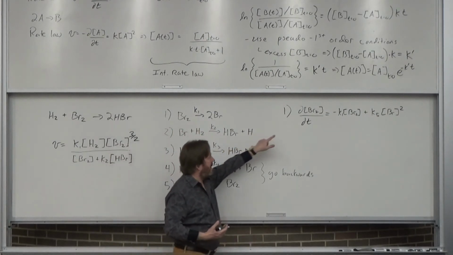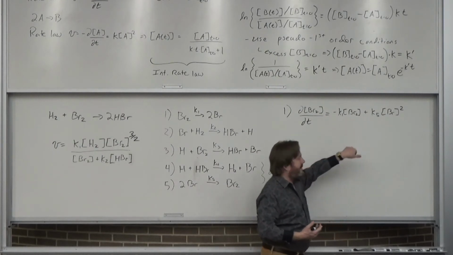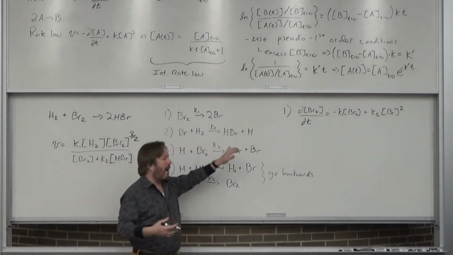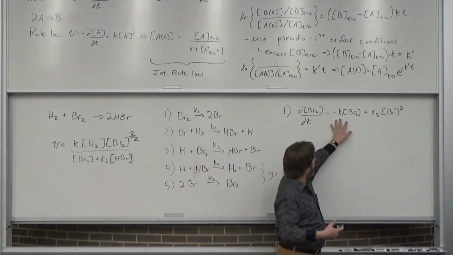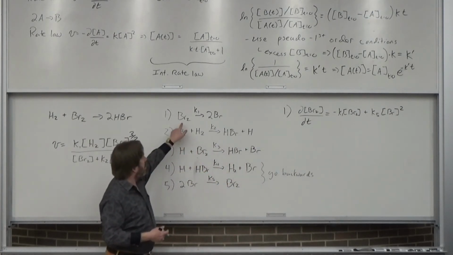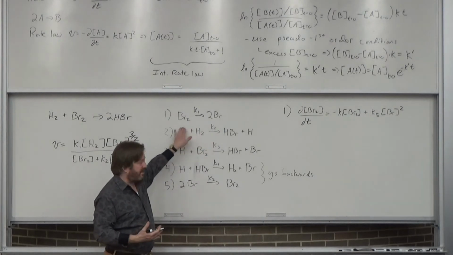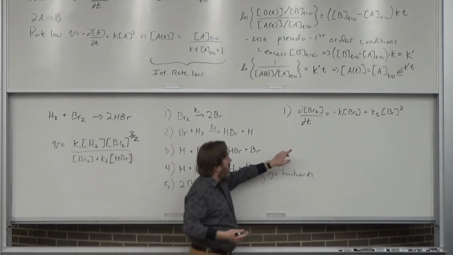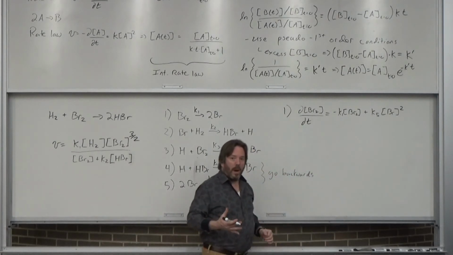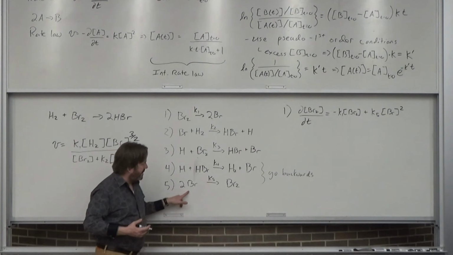The rate of change of Br2 is going to be driven down by its own self because it's reacting away on its own. Okay, so that's why there's a minus sign there. It's also first order because by definition this is a first order reaction. So [Br2] to the first power, minus because it's going away. It's a reactant.